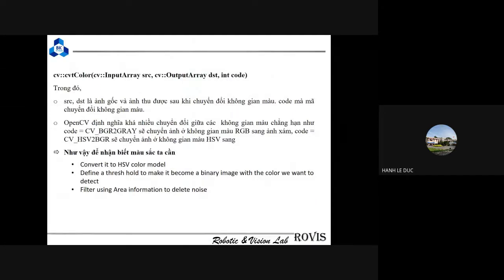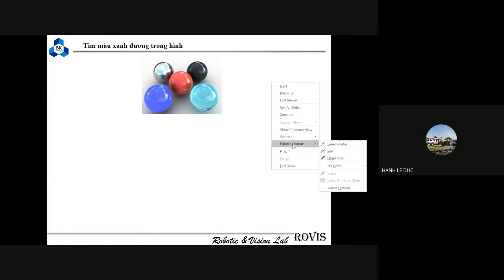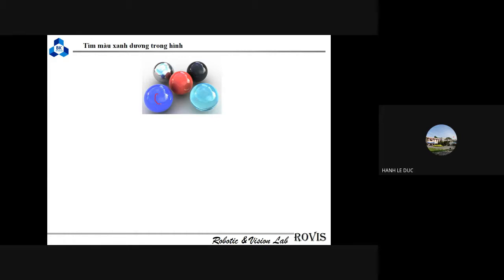And this is the explanation of the function cvtColor. The application here is an example: I want to find the purple color. You see, I made a mistake, this is purple, not blue.